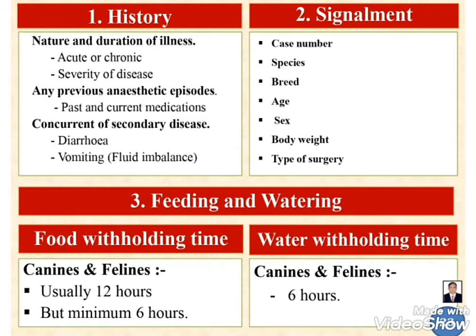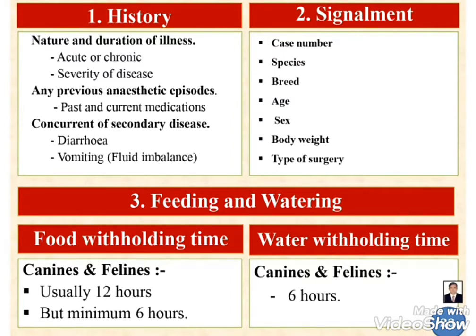So water withdrawal is not followed in neonatal as well as renal affected animals, even during the high summer season. In other seasons you can follow it strictly in adult animals. It reduces the chances of vomiting and tracheal aspiration.